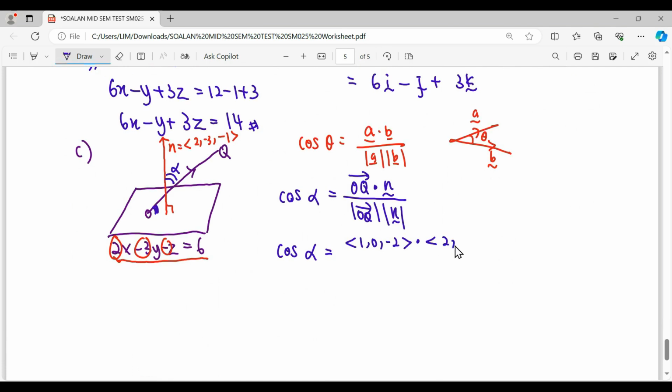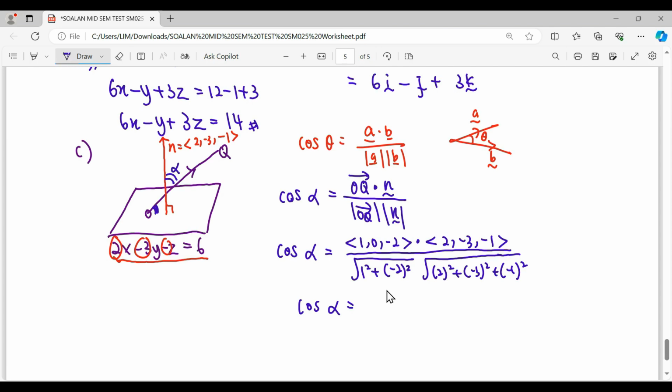Vector normal from the plane, 2, -3, -1. Over magnitude means square root of x squared, y squared, and z squared. Magnitude n, x squared, y squared, and z squared. So here it will give you 4 over square root 5 and square root 14.